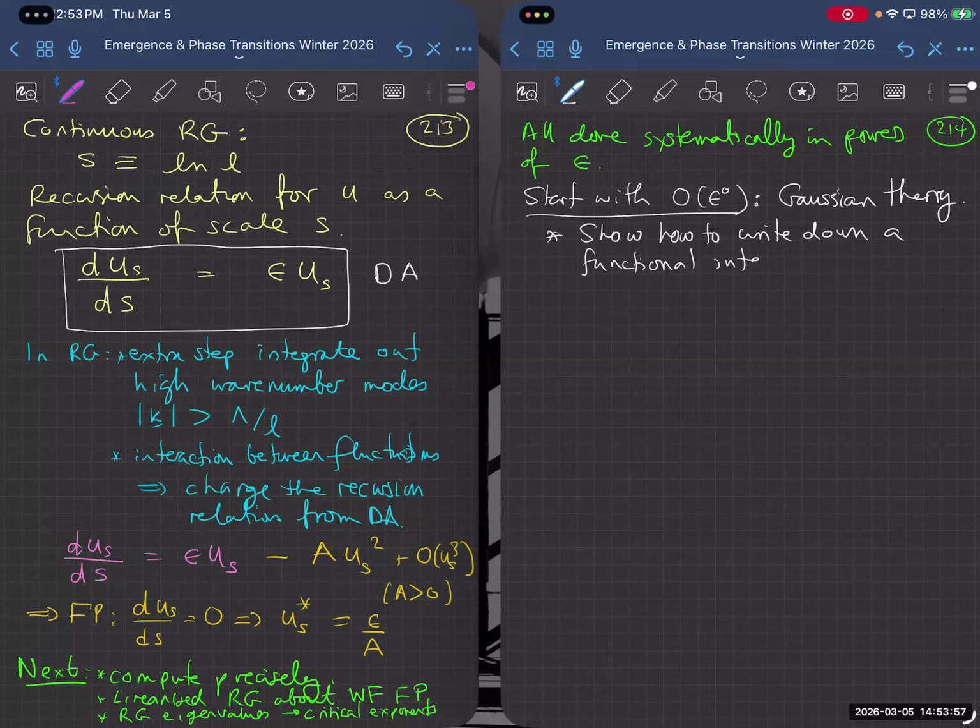Now, in the homework, you actually saw how to do that when we did the Hubbard-Stratonovich, and you saw how to write down a functional integral as basically a big multiple integral. Now we're going to do the same thing, but the difference is that this time it's going to be in momentum space. So let me give you a reference here.